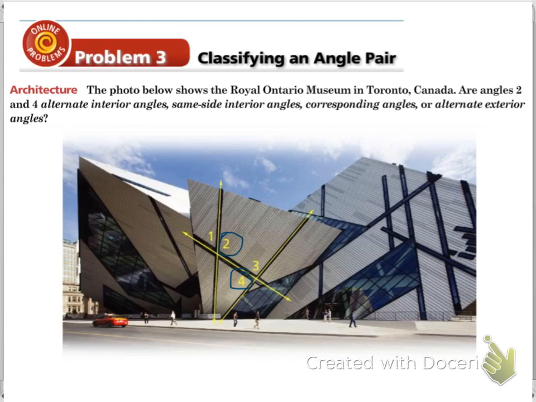You see the two lines? Remember, the transversal is the line that crosses over two of them. You can see that this is the interior region right here, and it's alternating along the transversal. So it's called the alternate interior angle.